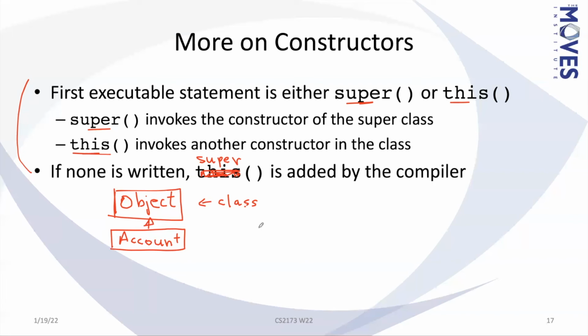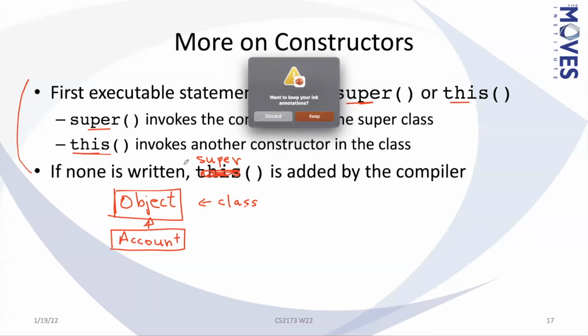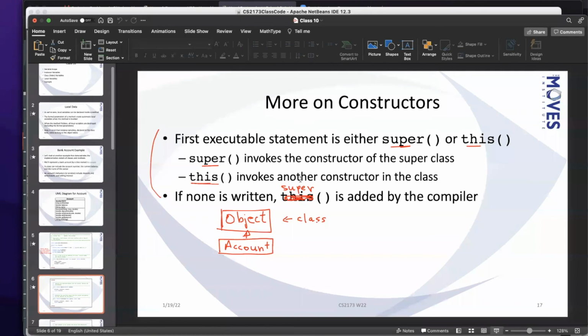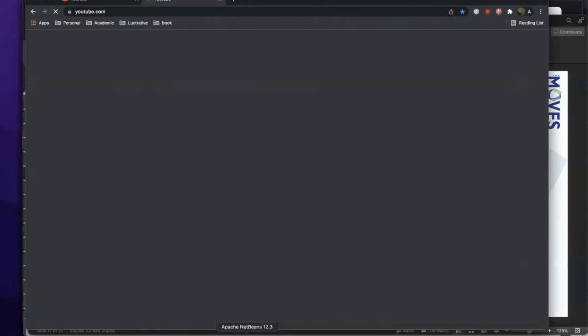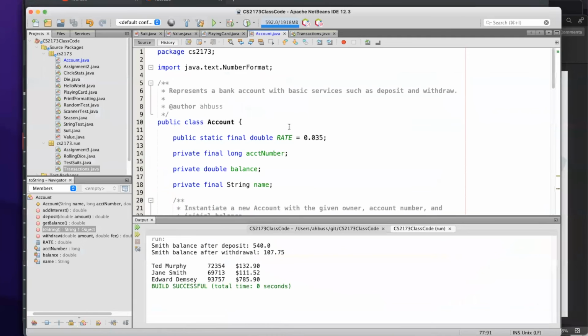So for example, let's see if I can do this without ending the show here. Okay, in my Account class, notice I added extends Object. That's how you do inheritance in Java, and you're not responsible for this yet. Notice it's not complaining.